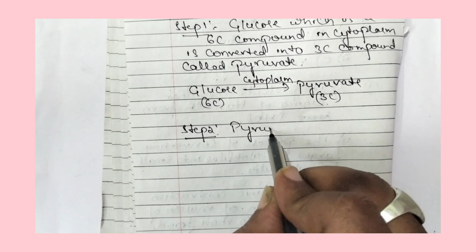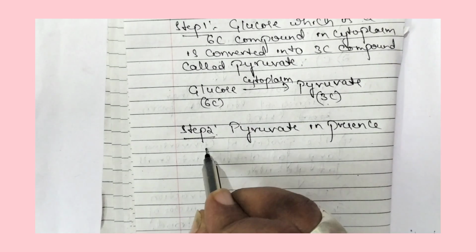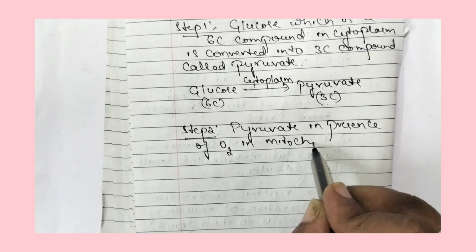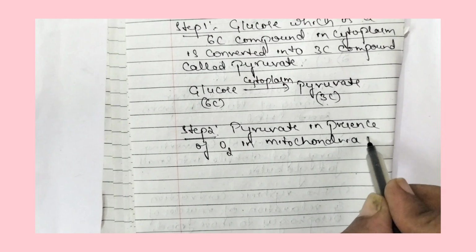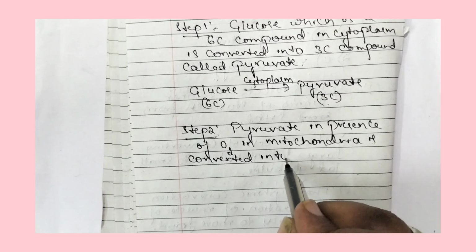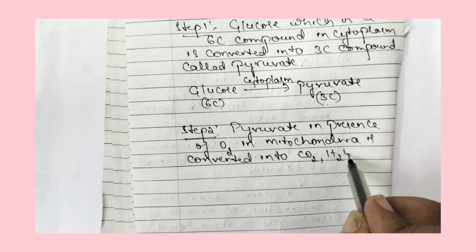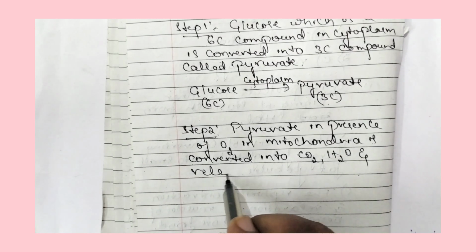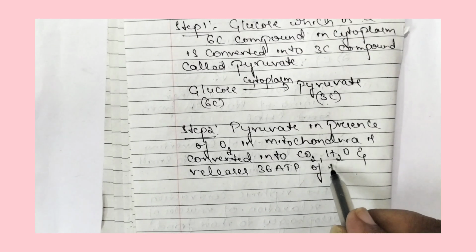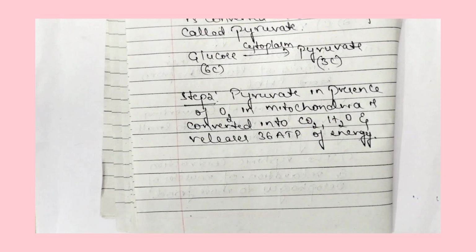Pyruvate, in presence of oxygen in the mitochondria, is converted into carbon dioxide, water, and releases 36 ATP of energy. So this is step number 2.